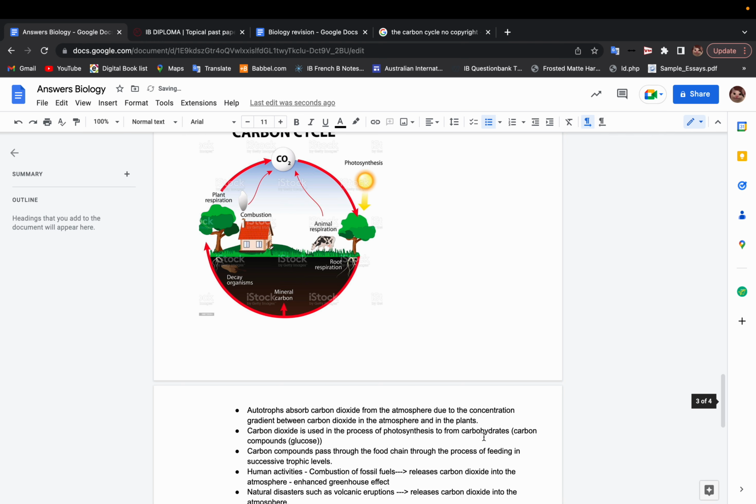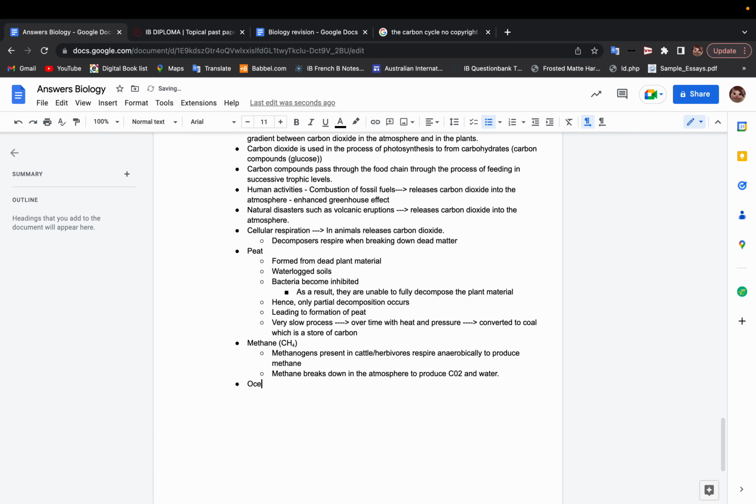So one last thing is something called ocean acidification. It's because CO2 dissolves in water to form carbonic acid. The acid reduces the pH of the water and prevents formation of carbonate ions.